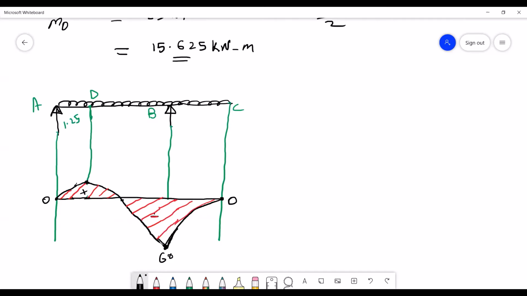And here you see at a point, suppose this point is E, at point E it is crossing from positive to negative.